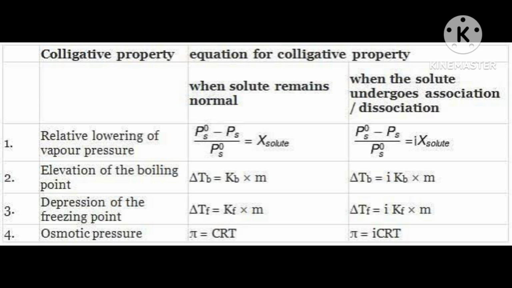And when vapor pressure is less, it will require more temperature to boil, because vapor pressure is very low. Ions are double, so vapor pressure will be less, and then it will require more temperature to boil.